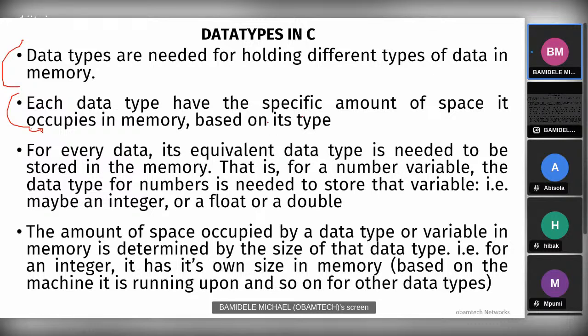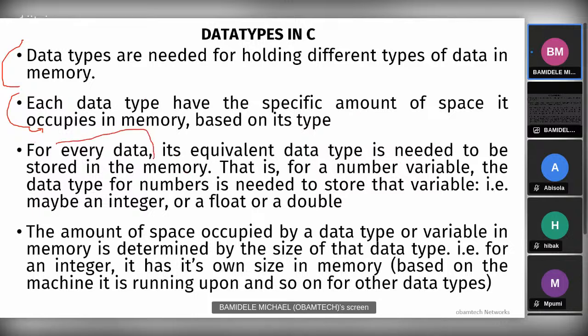If it is an int, it has a space that it stores, and even if it is an int, the variation of that int matters to know the space it is going to store in memory. Another thing here is that for each data, its equivalent data type is needed to be stored in memory. What does this mean?